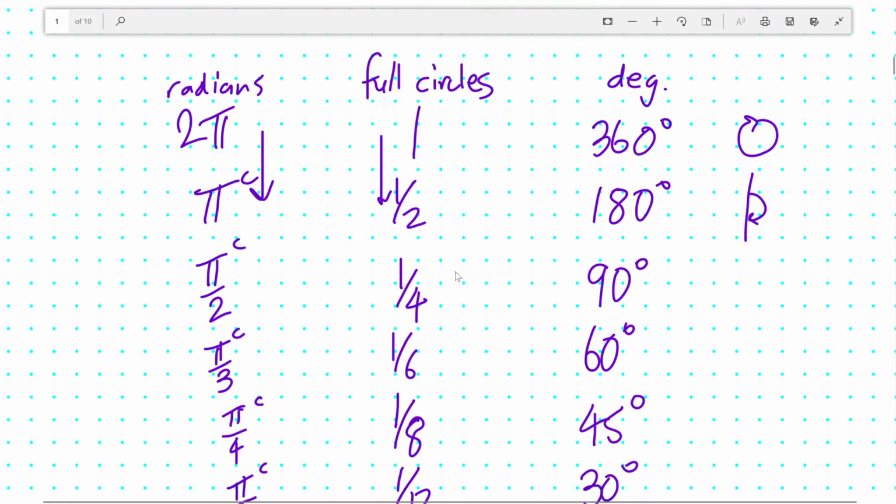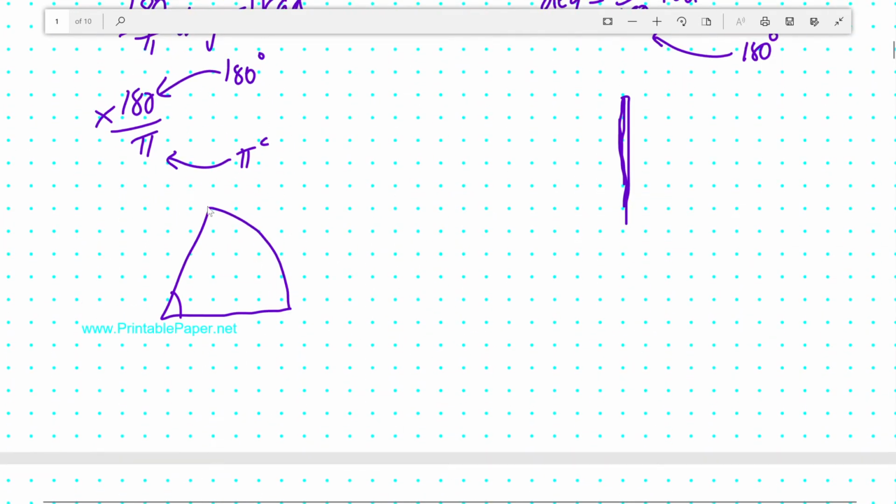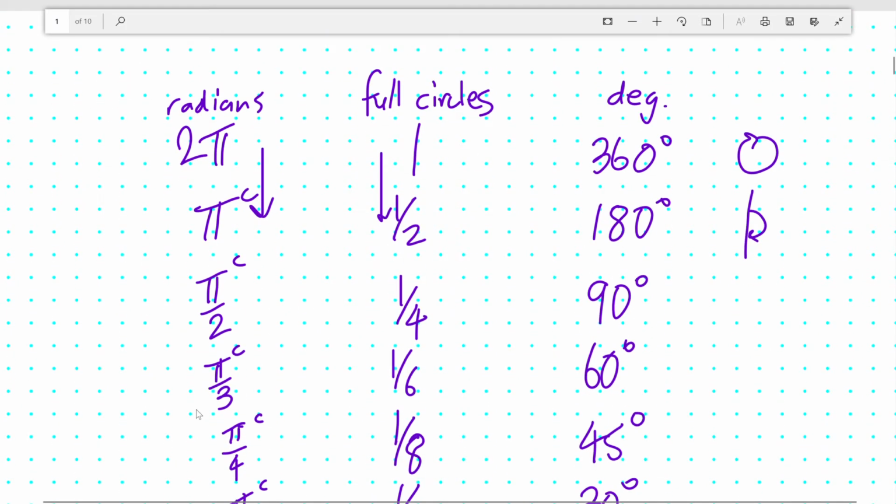Now you might be wondering, why use radians instead of degrees? That's because in radians, it's a lot easier to calculate things like the length of this arc from an angle in radians. On top of that, it's easier to calculate the area of a sector, like the area of a slice of pizza, for example.